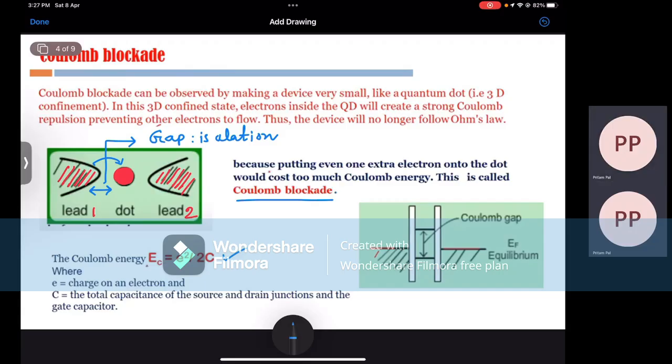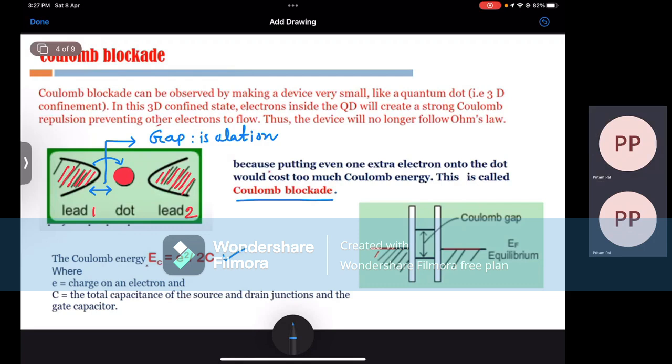It says that this energy is dependent on the capacitance. So if you're trying to bring an electron from outside to a particular plate of a capacitor, then you need this much energy: e squared by 2C.